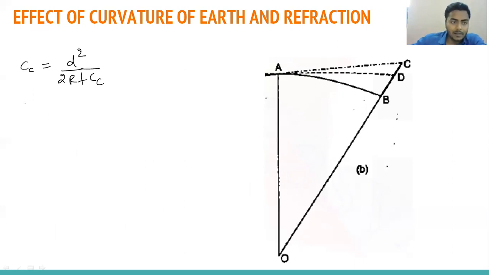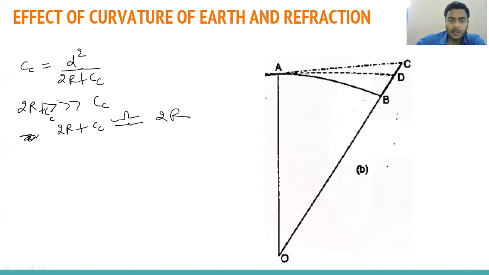So we will see that 2R plus CC is very, very much greater as compared to CC. So in this case, CC will be negligible compared to 2R.